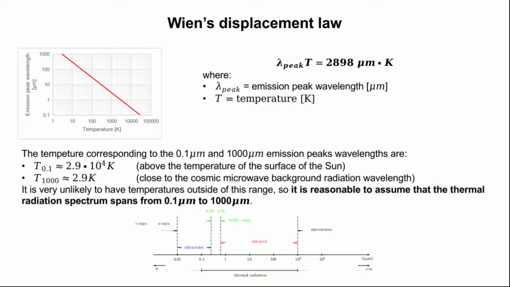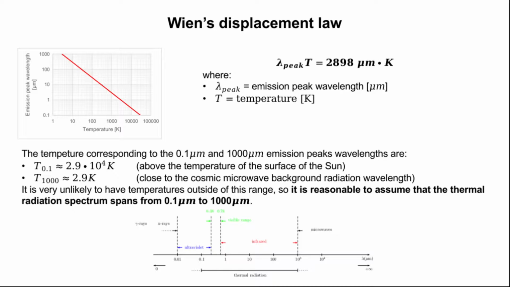On the top left of this slide, the temperature corresponding to 0.1 micrometers is about 29,000 Kelvin, which is above the temperature of the Sun's surface, while the temperature corresponding to 1000 micrometers, which is close to the wavelength of the cosmic microwave background radiation, is about 2.9 Kelvin, which is an extremely low temperature, since it is quite unlikely to have temperatures outside of this range.